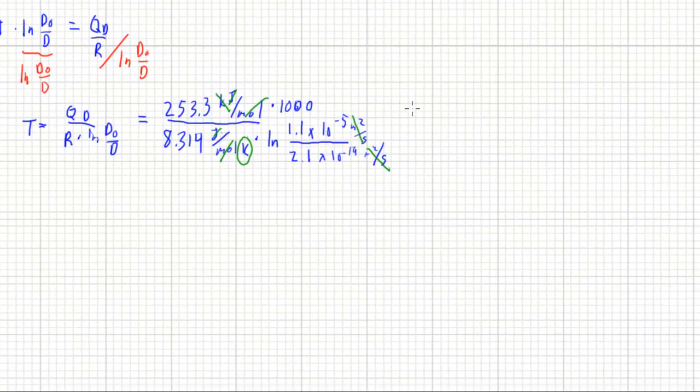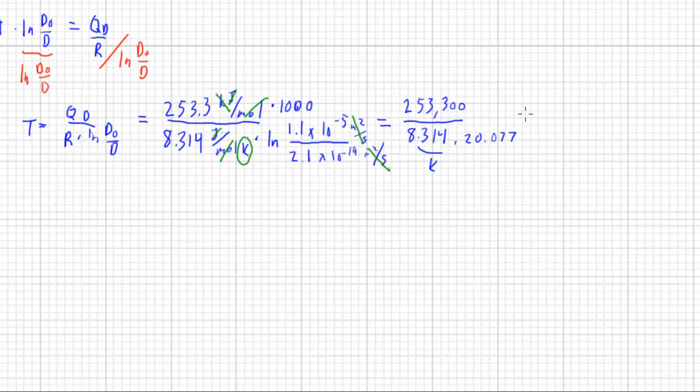So on the top we have 253,300 all divided by 8.314 per Kelvin, times, evaluating the natural log of 1.1 times 10 to the negative fifth over 2.1 times 10 to the negative 19th, you get 20.077 and no units.